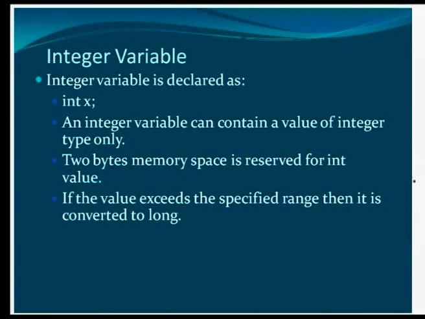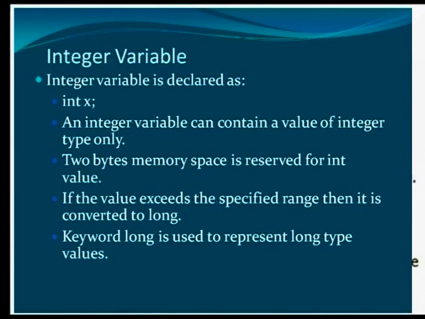So, in RAM, memory space is reserved for the variable on the basis of its data type. So, if we declare a variable of integer type, then 2 bytes of memory space will be reserved for the integer variable. If the value exceeds the specified range that we studied earlier, minus 32768 to plus 32767, then the value is converted to long.